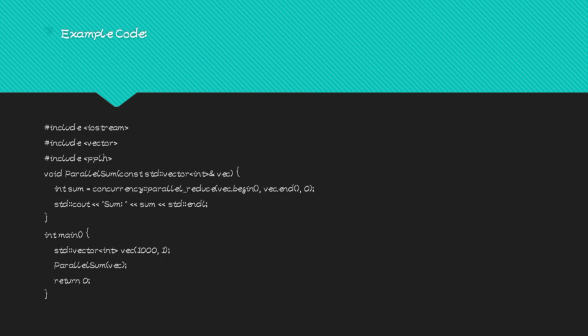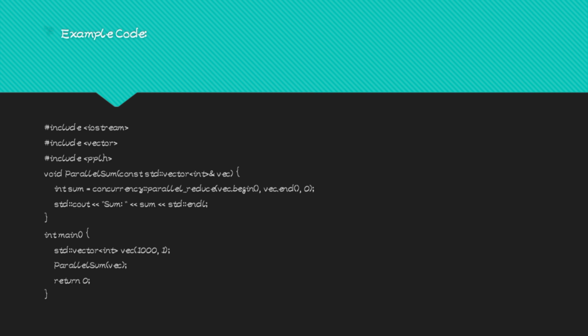So the example code we have here is also written in C++. With this, we see in the code concurrency parallel reduce, which is used to sum elements of a vector in parallel.